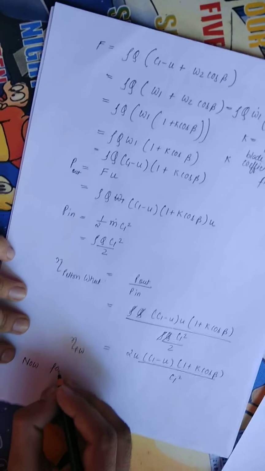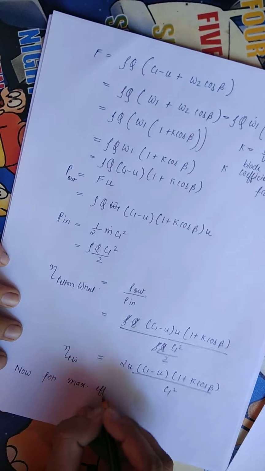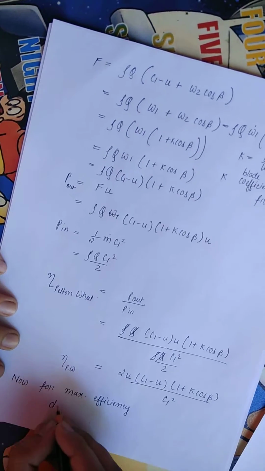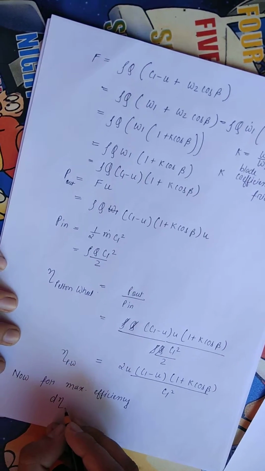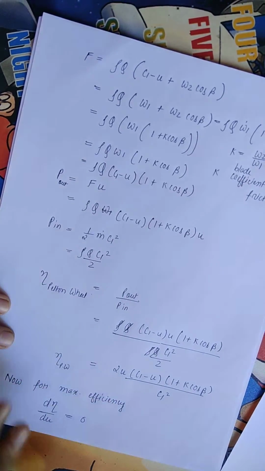Now for maximum efficiency, the derivative of efficiency with respect to u will be equal to 0.